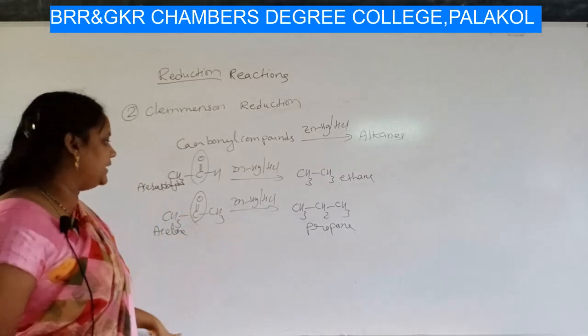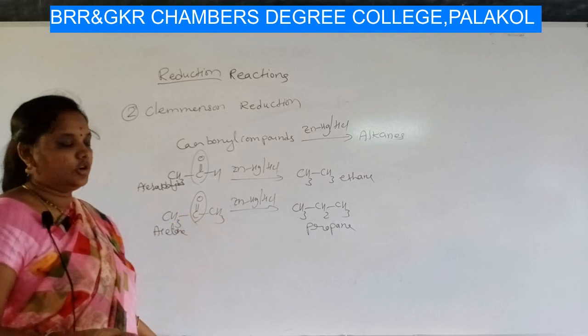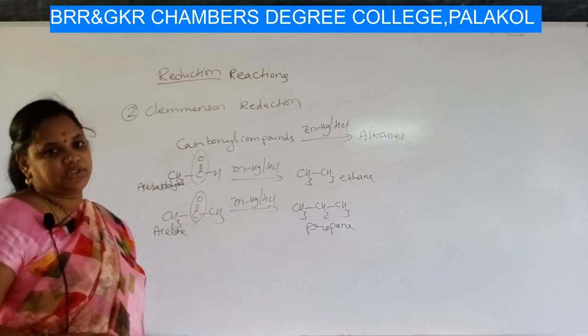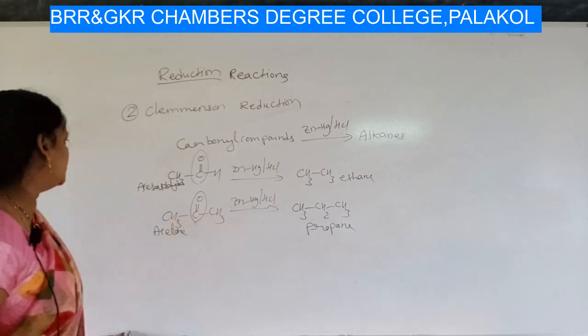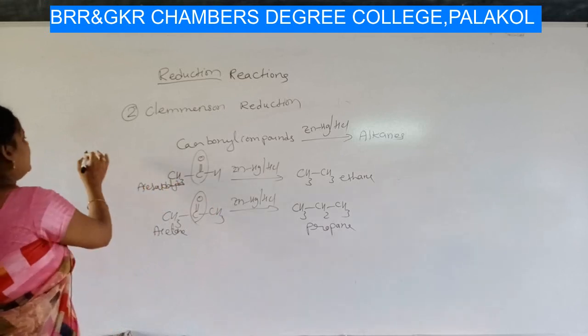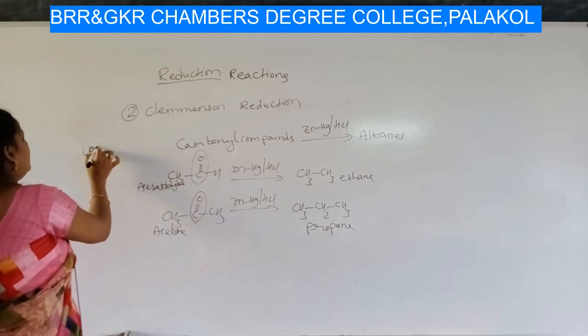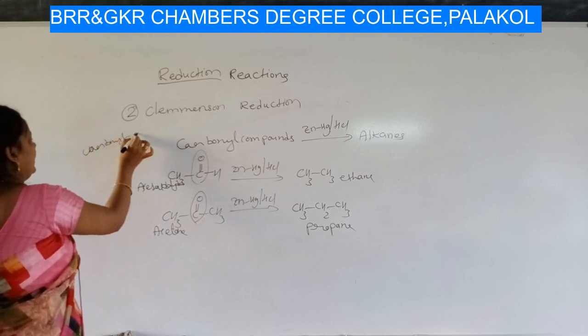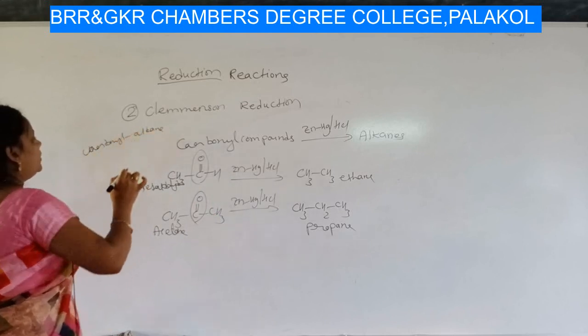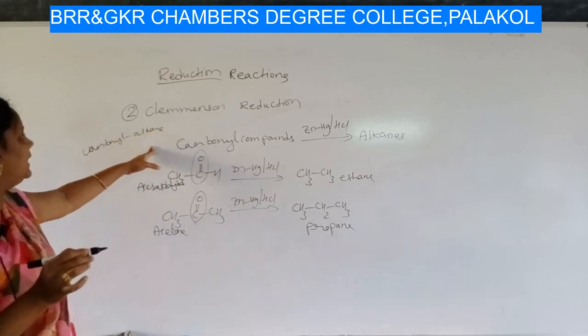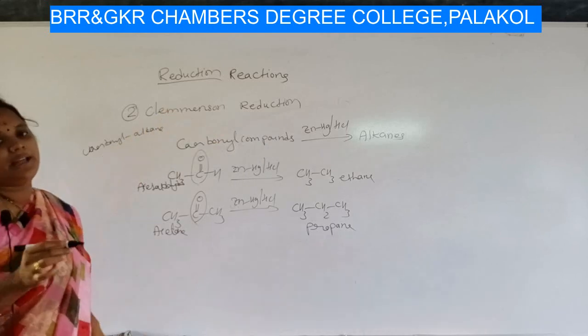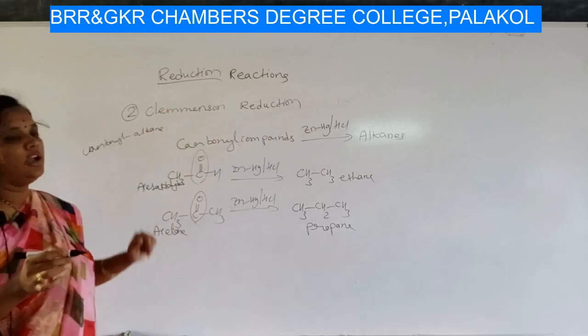Generally in exams, students, in competitive exams, they will ask conversions. How will they ask the conversion? What is the reagent used to convert a carbonyl compound to an alkane? Okay, to convert a carbonyl compound to an alkane, we use zinc amalgam and HCl. They will give it in the options.